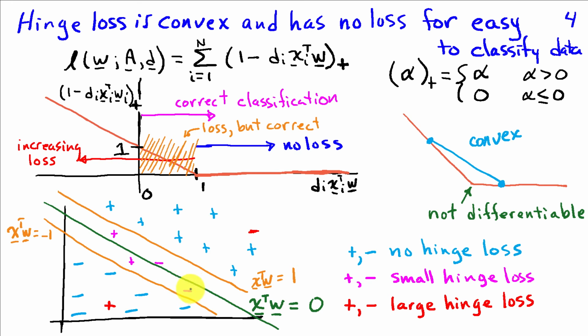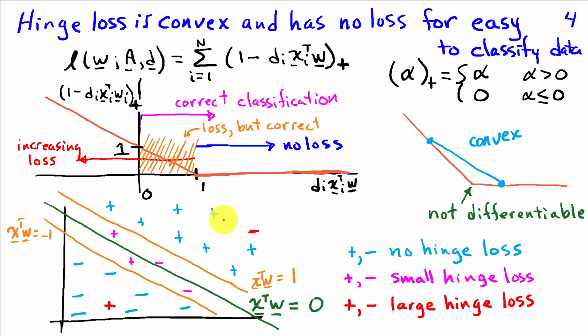Even though it's correctly classified, again, that's going to be in this interval, it's going to have some loss. Now I have 2 other points that I've illustrated here that have some small hinge loss. This plus here is incorrectly classified because it's below the x transpose w equals 0 line, and that's going to be just in this region to the left here, so the hinge loss is going to be slightly greater than 1 for this point, and similarly for this point here.